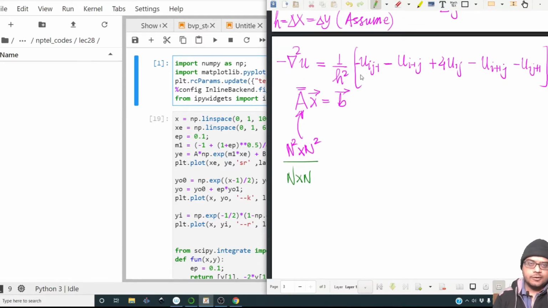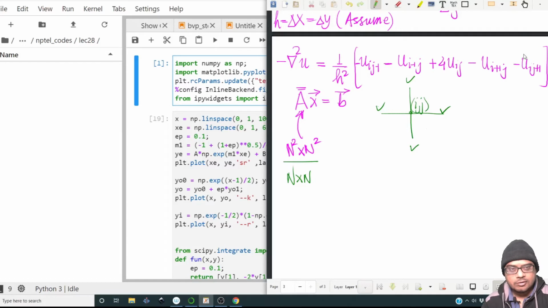So if I were to focus on this, let me just draw the grid again. I have at the (i, j) point contribution from this point, this point, this point, and this point, that is, from all the nearest neighbors.